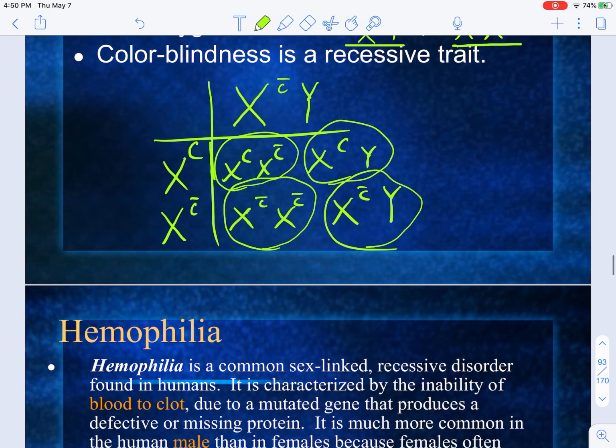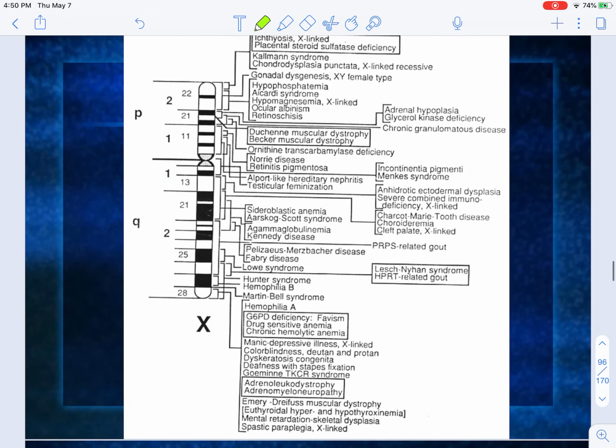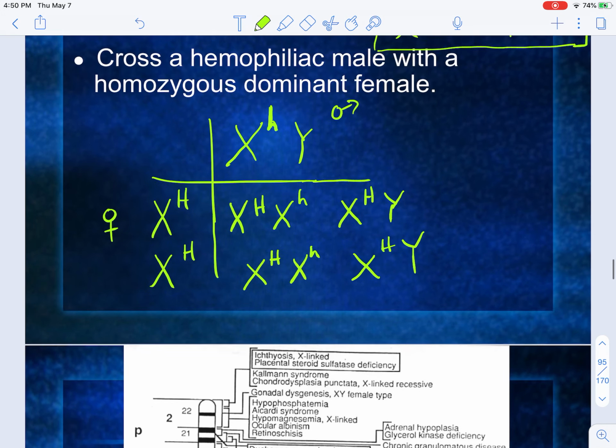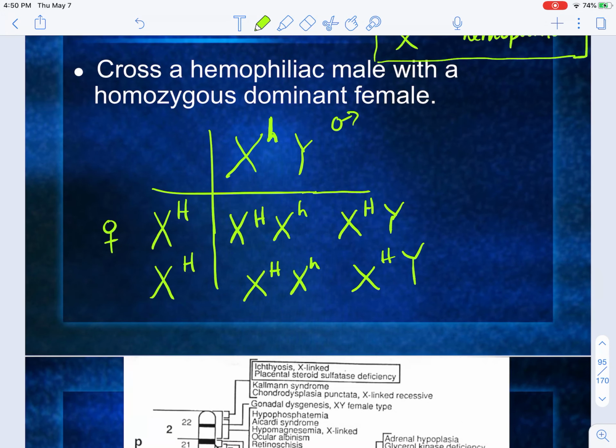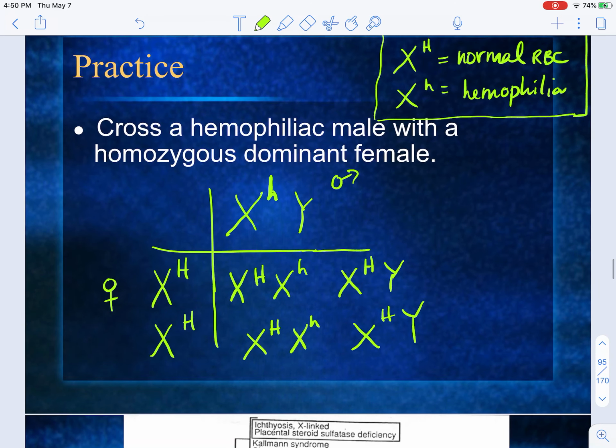One thing that's interesting is that sometimes when you have two parents that don't have a sex-linked condition, for example a male that does not have the condition crossed with a female that doesn't exhibit it but is carrying it, interestingly, it will be her that will give it to her sons.